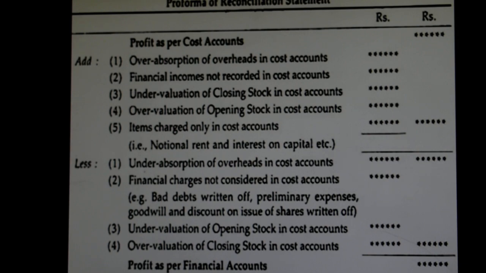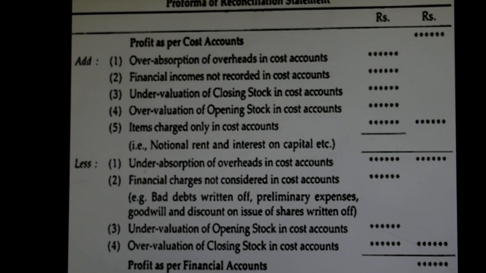The items to be added are, first, over absorption of overhead in cost accounts. That is, expenses recovered above the actual charges are treated as over absorption. Next, financial incomes not recorded in cost accounts. That is, any financial items omitted from the cost accounts will be added here.